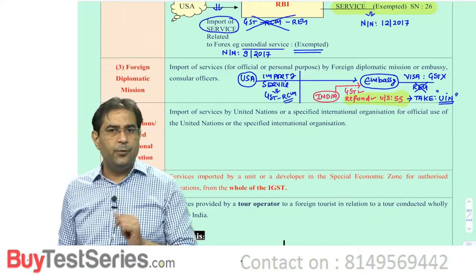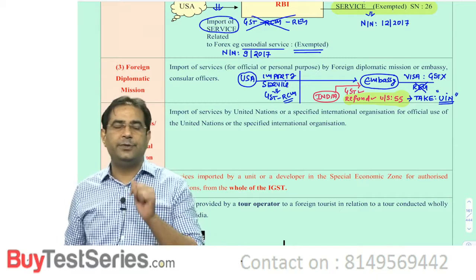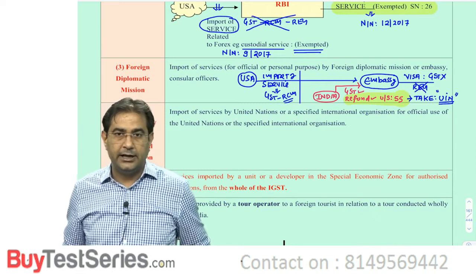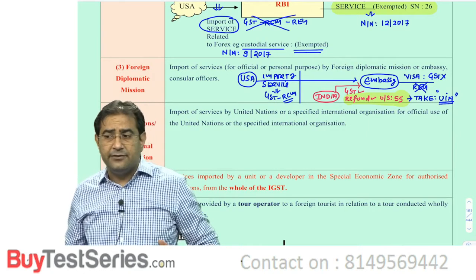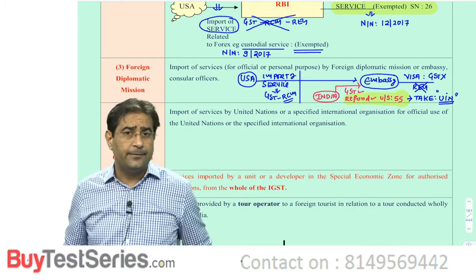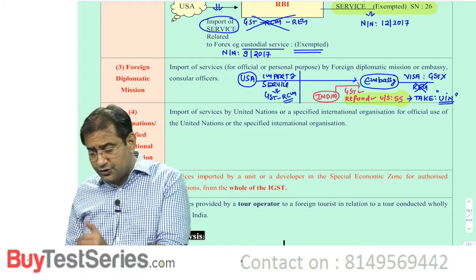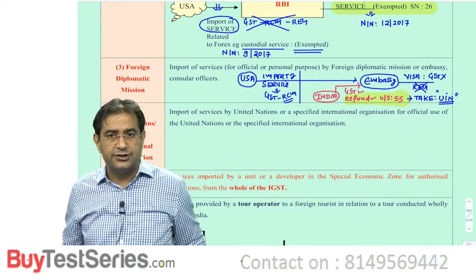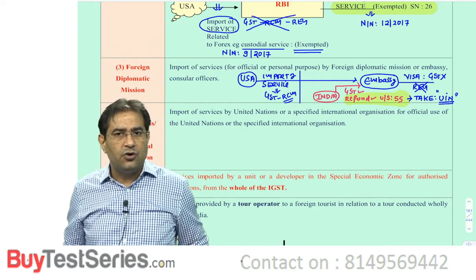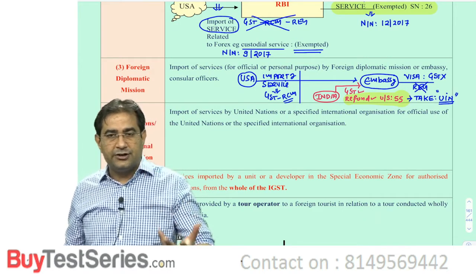And in case of import of services except OIDAR, the recipient is liable to pay GST under RCM. So, if the embassy is liable to pay under RCM, that embassy will have to get mandatory registration under section 24. And if the embassy has to get formal registration under section 24, then the status of the embassy will become registered person, needing special registration here.